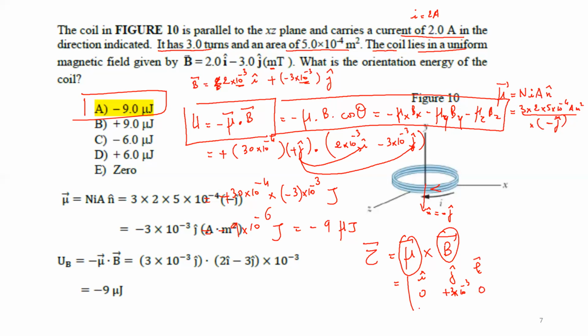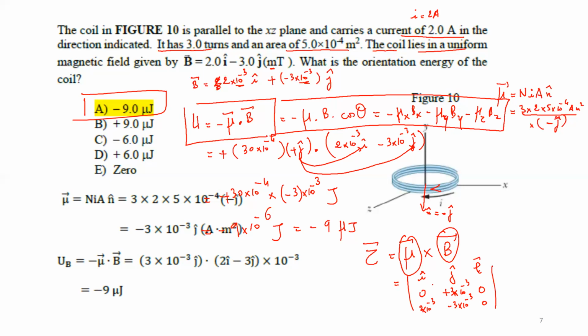And then the magnetic field is 2 10 to the power minus 3 along i hat, along j hat is minus 3 10 to the power minus 3, and along k is 0. And you remember how to calculate this determinant, okay? So calculate it and get me the torque.